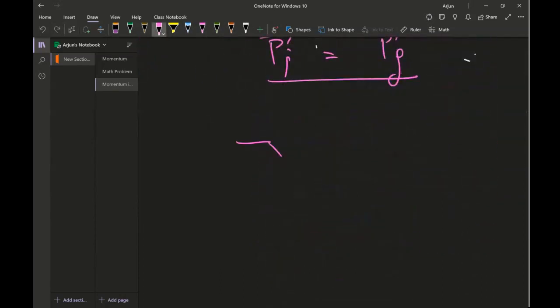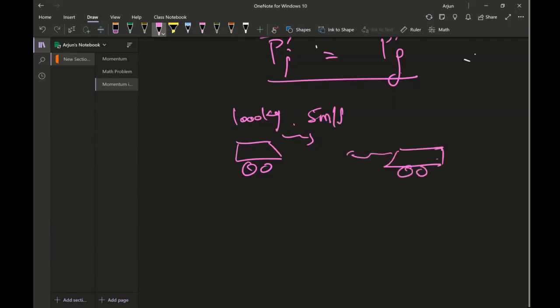For example, say this is a car with a mass of 1000 kg, moving with a velocity of 5 meters per second. Another car is moving in the opposite direction at 10 meters per second, again with the same mass, 1000 kg. So what will the initial and final momentum be?